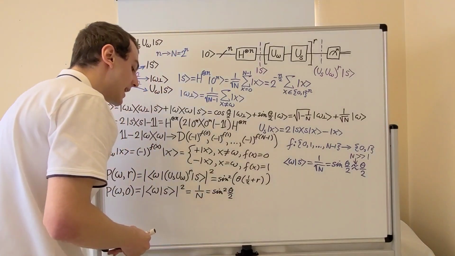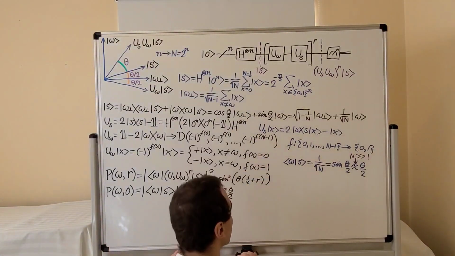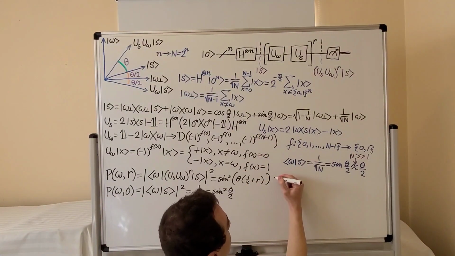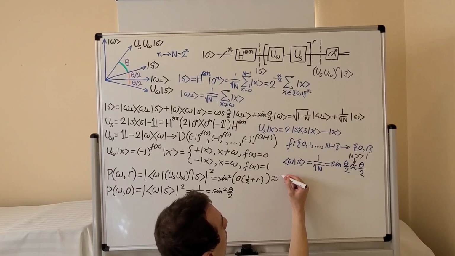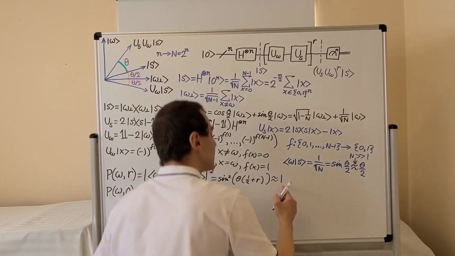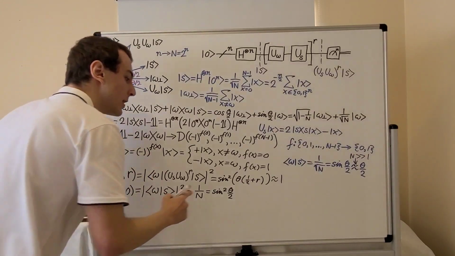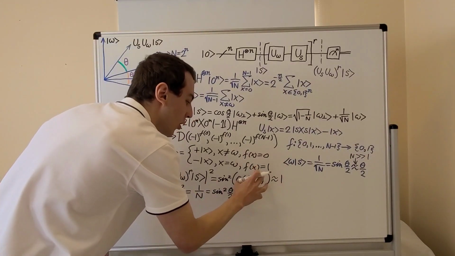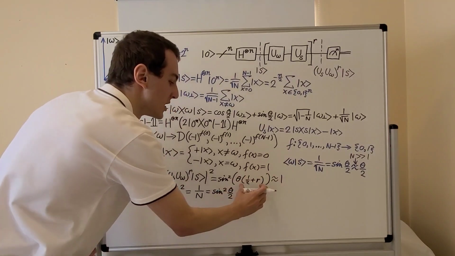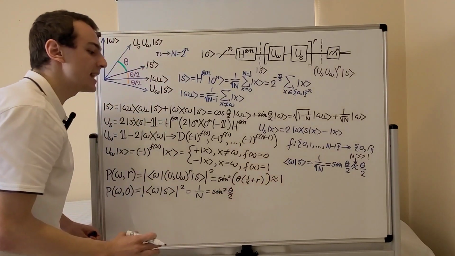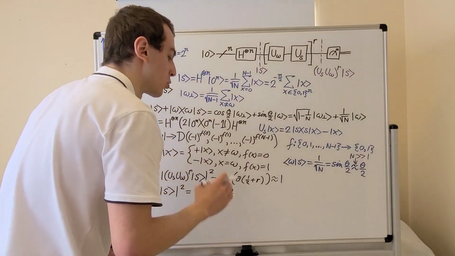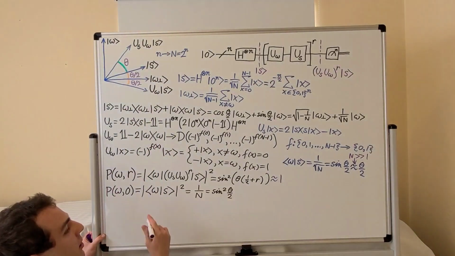So that is going to happen in the case where this probability is approximately equal to 1. And when is this probability approximately equal to 1? Well, what we need to do is take the inside of this trigonometric function, so the argument of the sine, and we have to set that equal to pi on 2 radians. So let's do that down here.